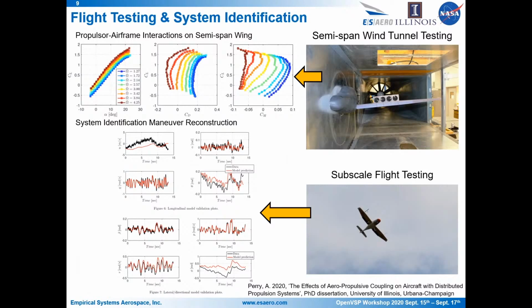but also performed a suite of wind tunnel testing of a subscale version of the aircraft to look into general trends that we might expect in forces and moments from varying installed propulsor thrust. On the bottom left side of the slide, you can see a comparison of the raw flight test data shown in black traces and the reconstructed maneuver data from the system identified dynamics model produced from the system identification process.